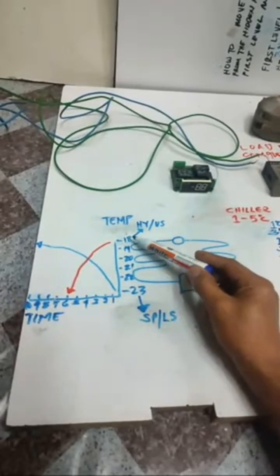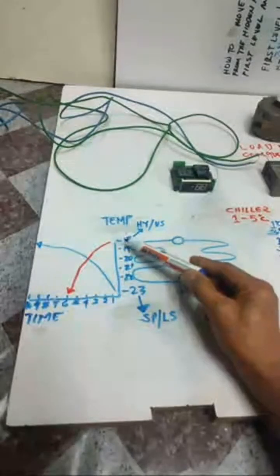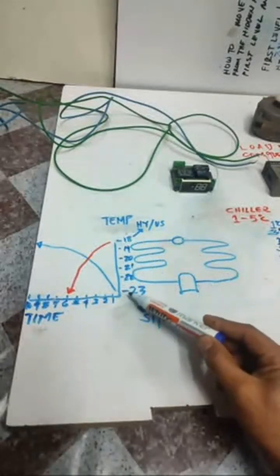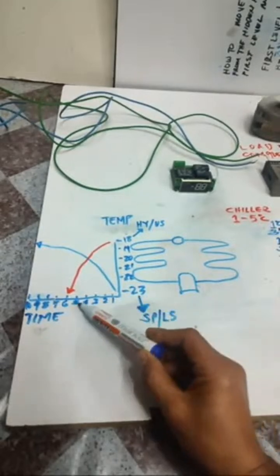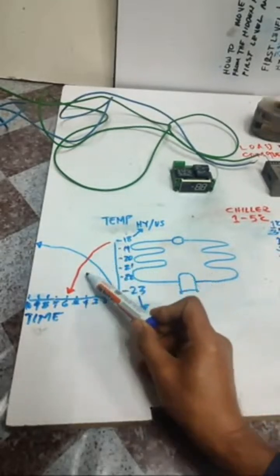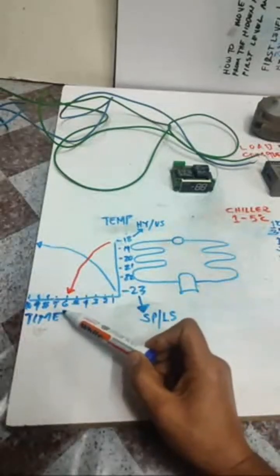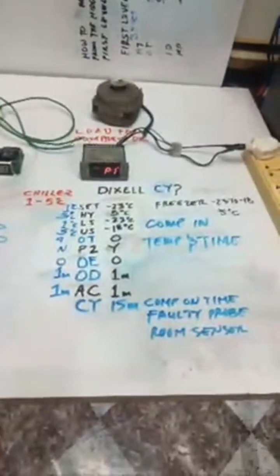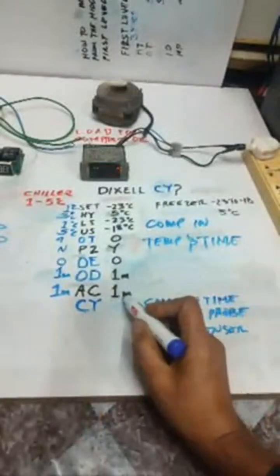For example, the compressor starts at negative 18 and pumps until it reaches negative 23, which is my set point. Looking at the graph example, it falls under 6 minutes. Therefore we will change the default from 15 to 6 minutes.